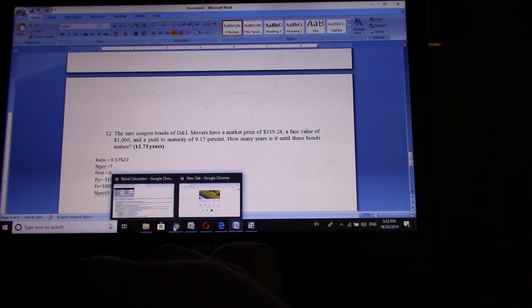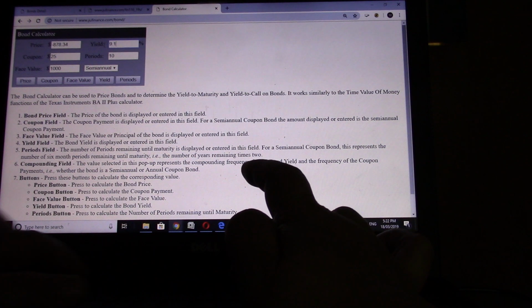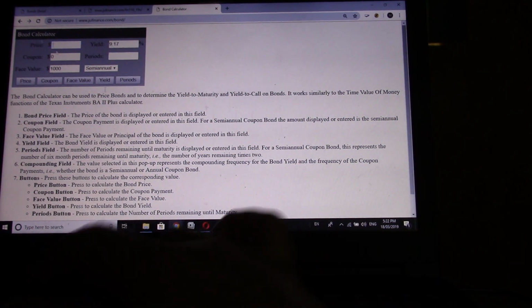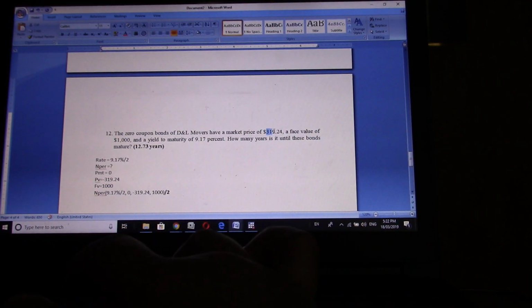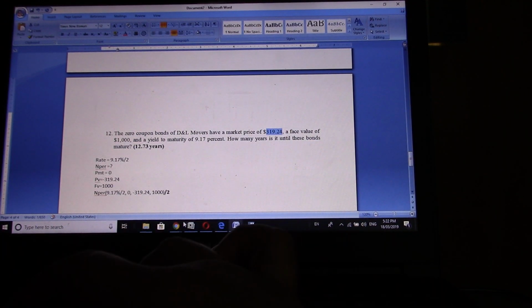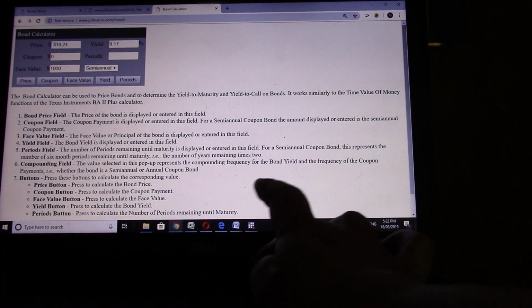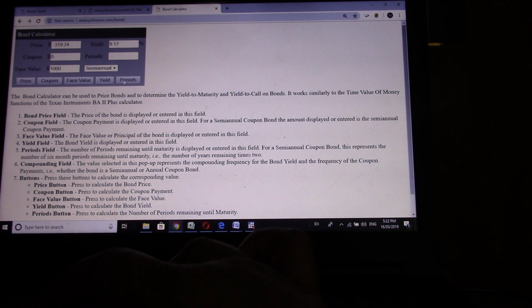Let's also use the calculator and give it a try. So the rate should be 9.17. Rate should always be the annual one, so we don't need to divide it by 2. Coupon is 0. Period is unknown. And price 319.24, but negative. Now let's calculate.